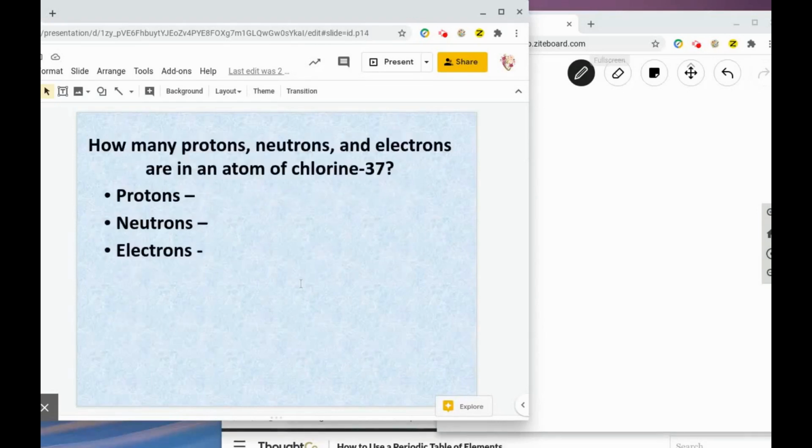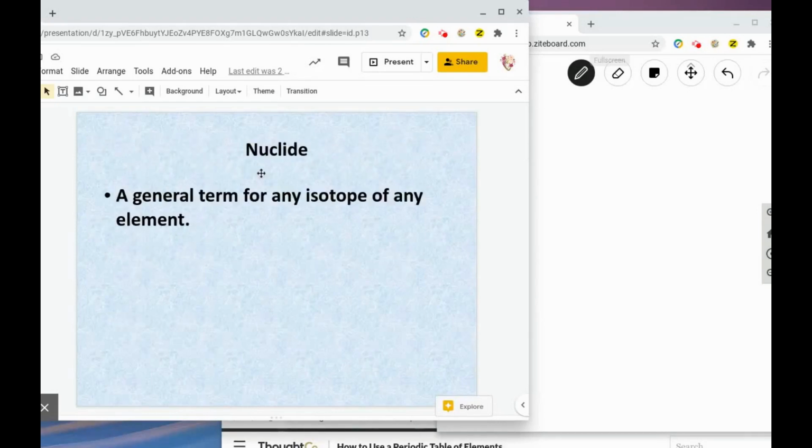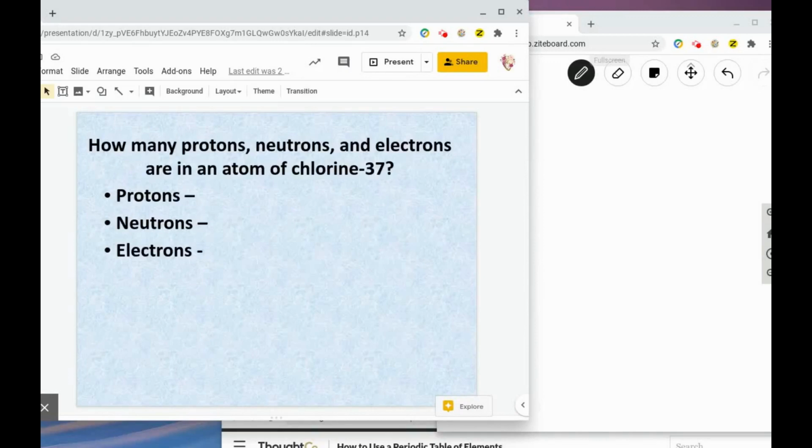In the next slide, I'm going to look at what's called a nuclide, which is basically a different term for an isotope. Now, if we look at this problem, we're looking at how many protons, neutrons, and electrons are in chlorine 37.